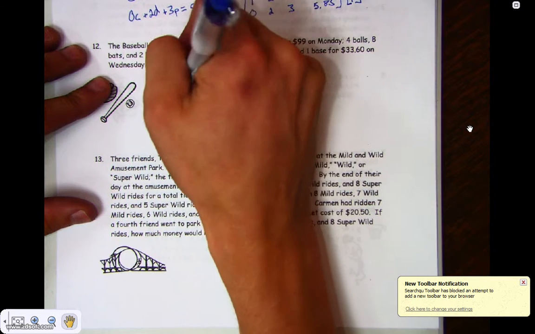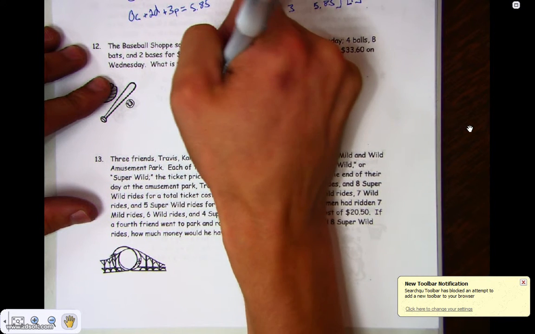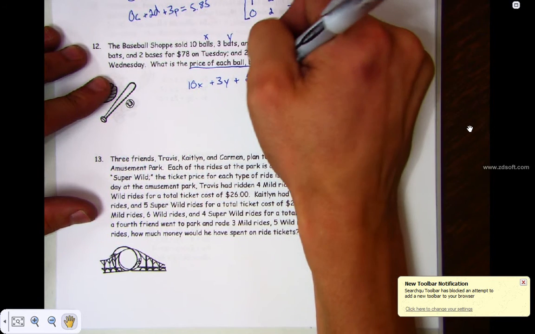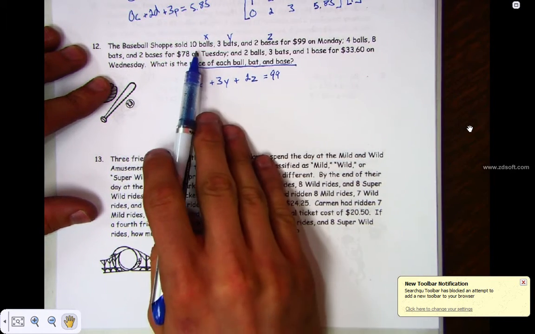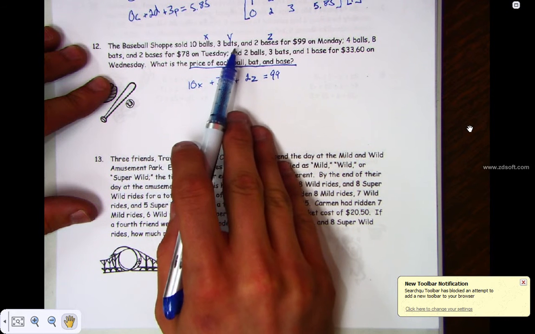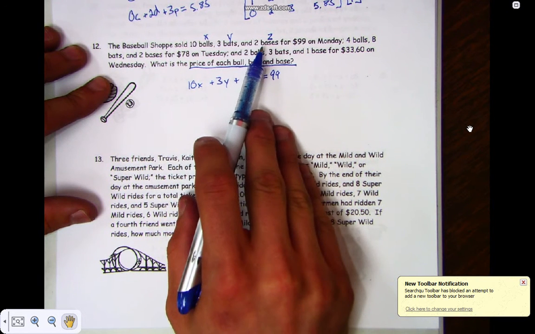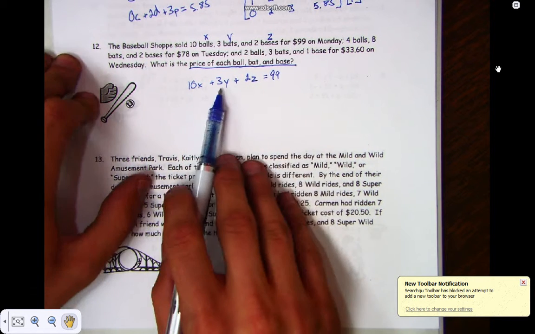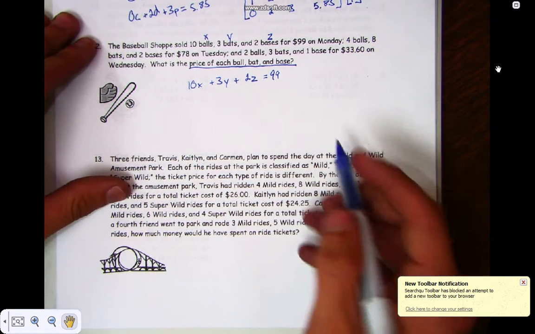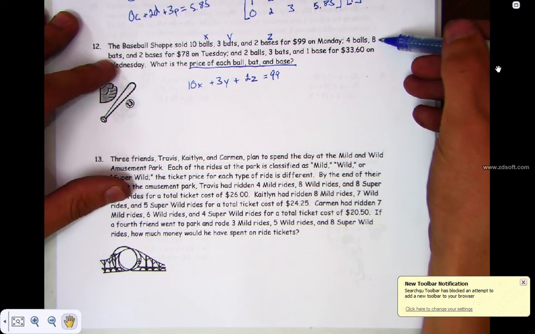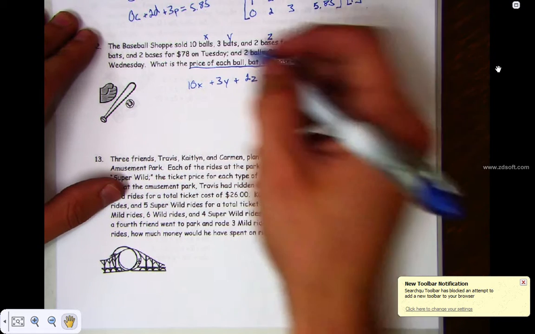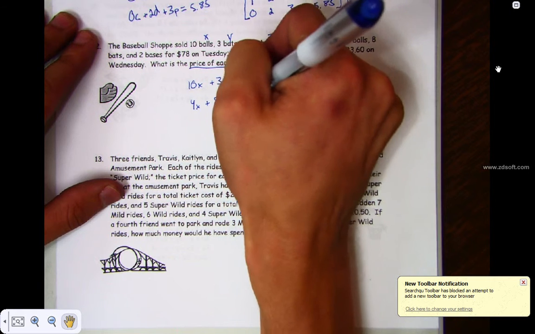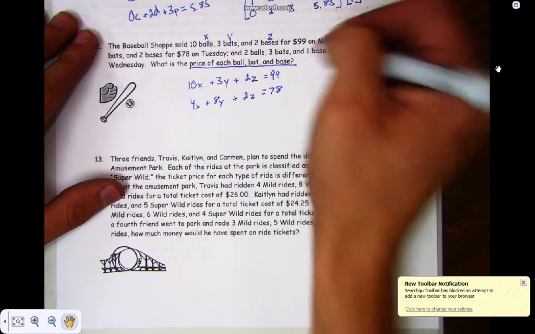So we've got 10 X's plus 3 Y's plus 2 Z's equals 99. 10x, 3y, 2z, 99. Then we have 4x, 8 y's, 2 z's, so 4x plus 8y plus 2z equals 78.